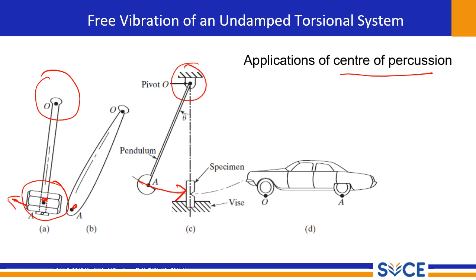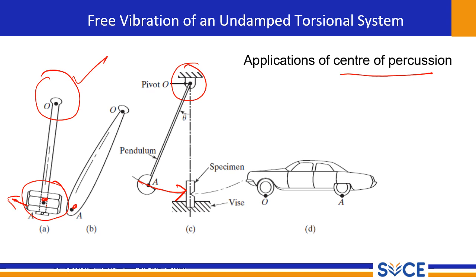The pivot point O is effectively the hand of the user. In this case, the user feels minimum jarring in their hand, making the hammering action more efficient and comfortable.